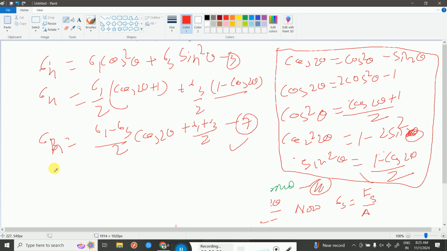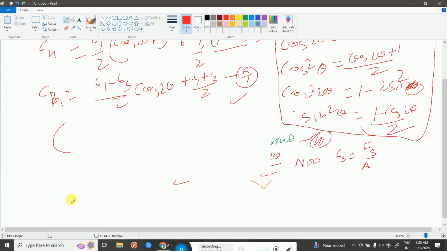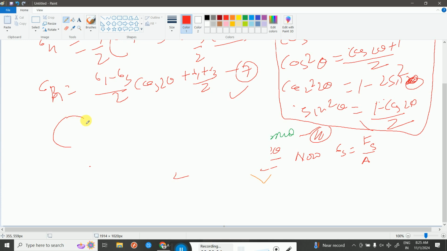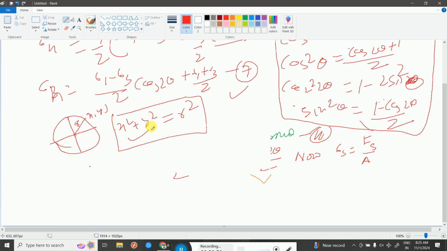Now come to this, what is the equation of the circle? If you take a circle and its radius is, suppose, this is your diameter, and this is your x and y, and this distance is your r. Then the equation of the circle is x square plus y square is equal to r square. So we have to take this in this form. So what will you do?